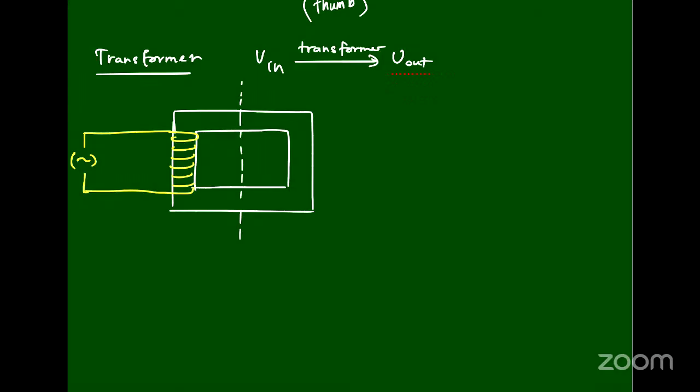And there's another coil where you have a different number of wrappings, and it is also connected to a supply. This is the V out, and this is the V in, the input values, right?